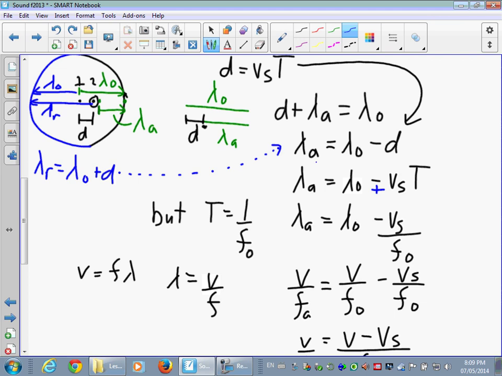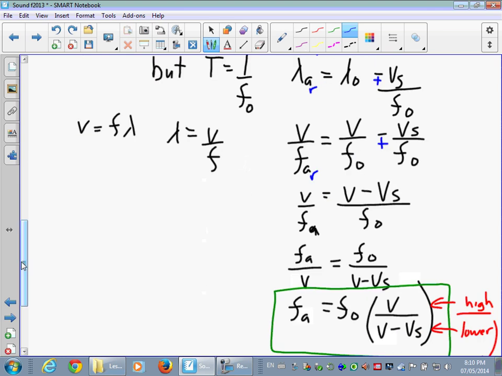So for lambda r, you're adding Vs times T. Nothing else changes, just that one little part. So for lambda r it is plus Vs over F naught. Everything else stays the same, but instead of this being Fa, it becomes Fr, and this becomes plus.